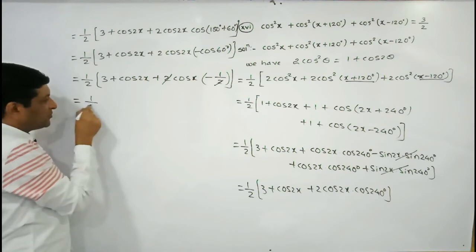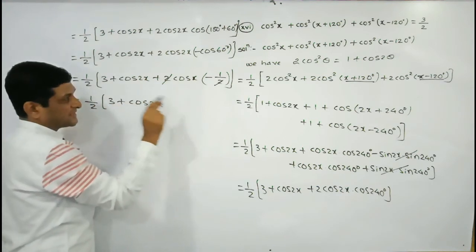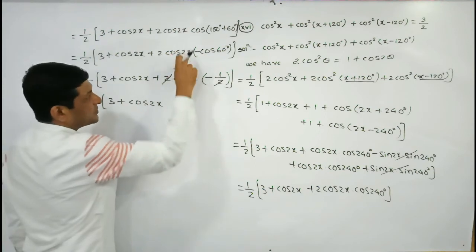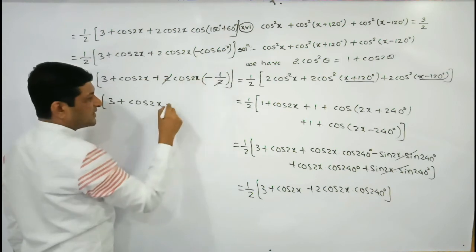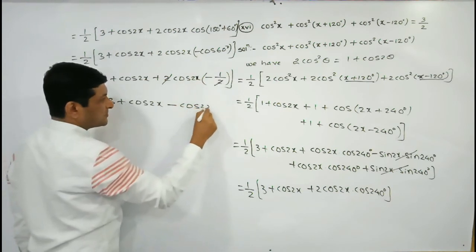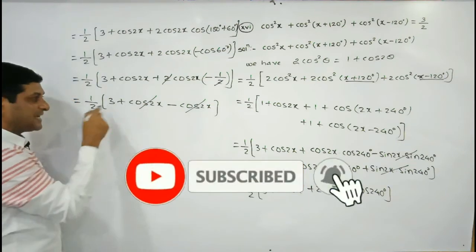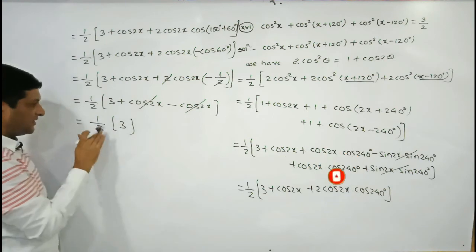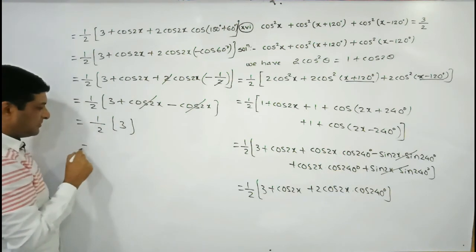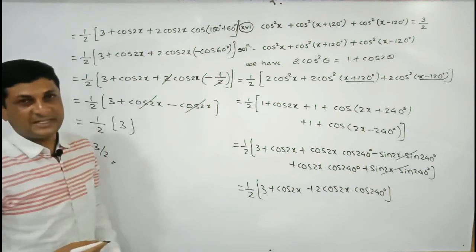So which is equal to 1 by 2 into 3 plus cos 2x, and cos 2x into minus 1 will be minus cos 2x. This plus cos 2x and minus cos 2x will get cancelled. So here the remaining term in this bracket will be 3, and 3 into 1 by 2 will be equal to 3 by 2, which is nothing but our required result.